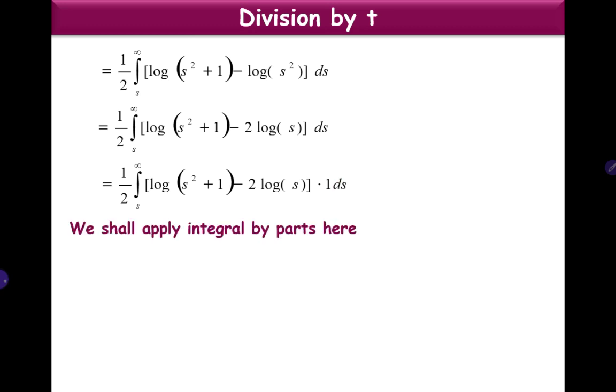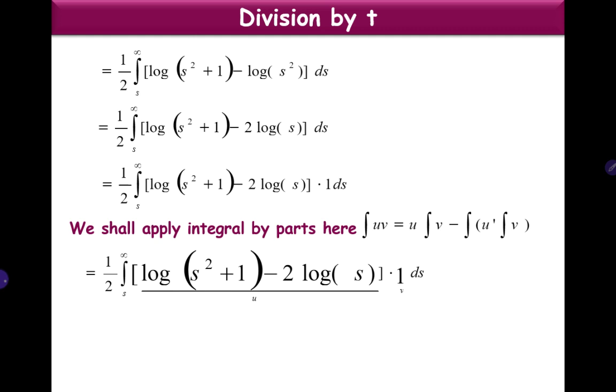So now this is of the form integral u into v, so that we can apply by parts. You know what integration by parts is: integral of uv is u into integral v minus integral of u dash into integral v. So in the above integral we take log of (s square plus 1) minus 2 log s as u and 1 as v.